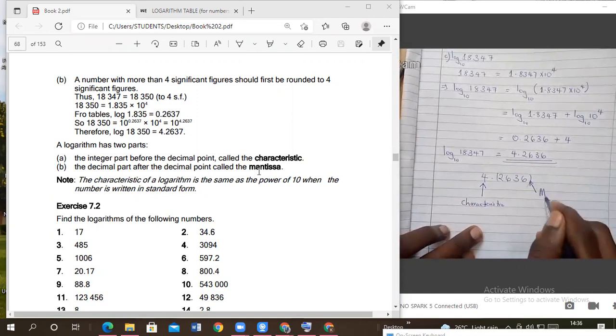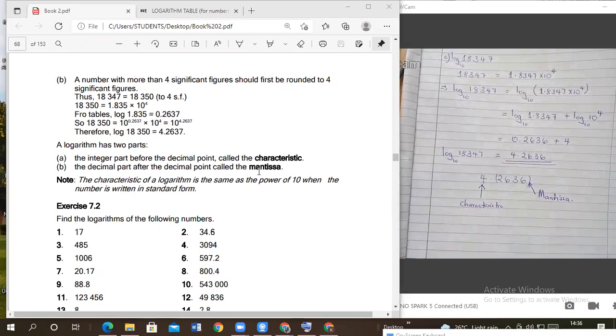Mantissa. Point noted? Yes, noted. Very good.